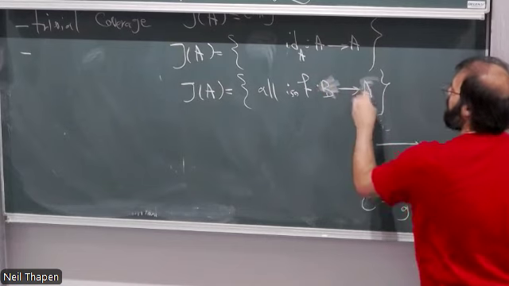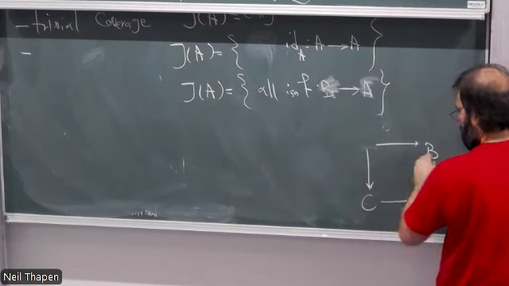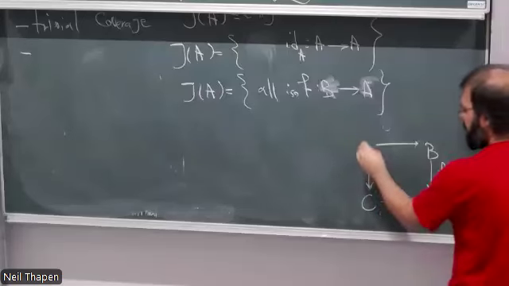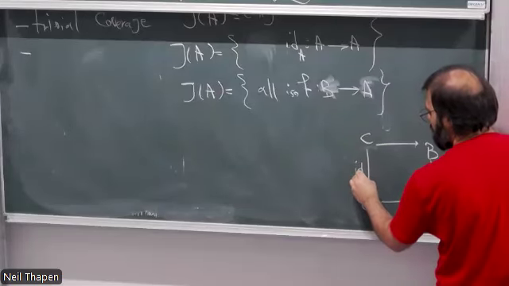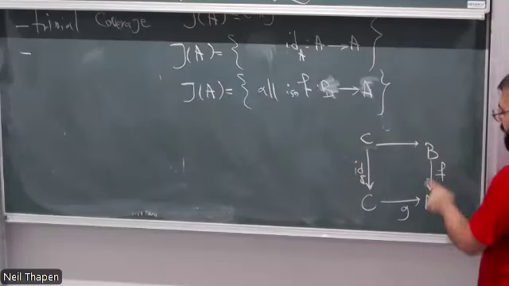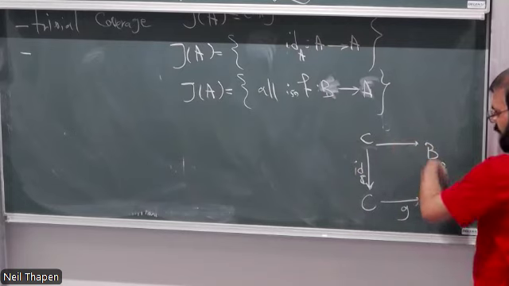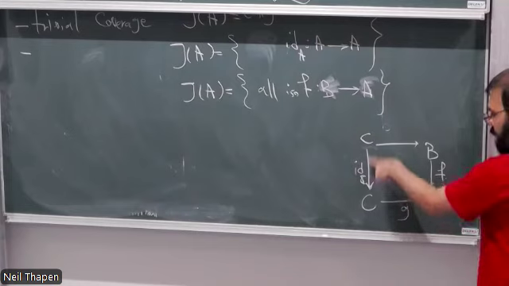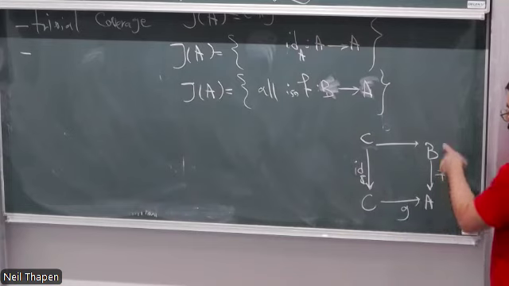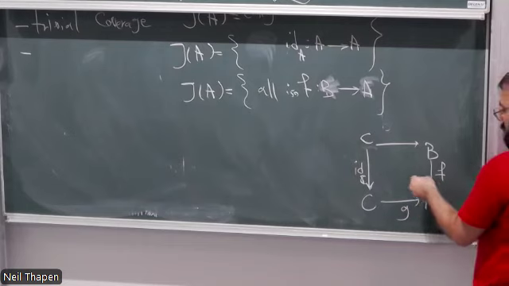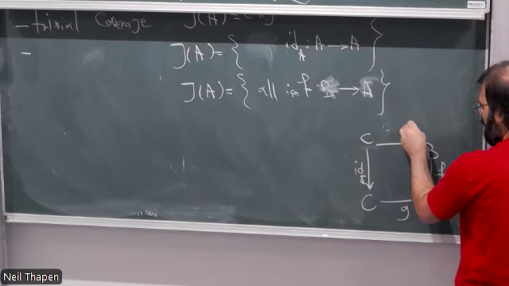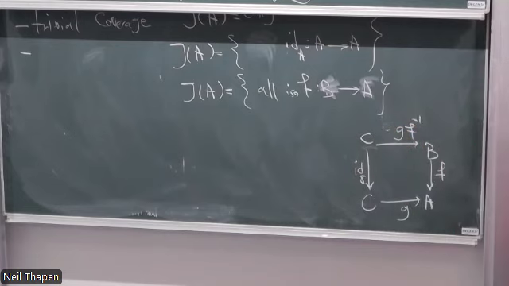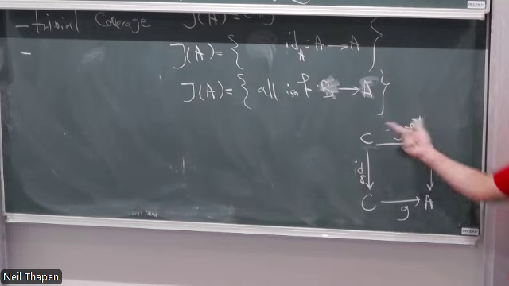Exactly. So I have to come up with one ISO here. Let's work with identity. Why not? And then I have to come up with something to make it commutative. And I can, because this is G. F something should be G, but F is an isomorphism, so I say F minus 1 G. Because F is an isomorphism, so just change it, put it somewhere.